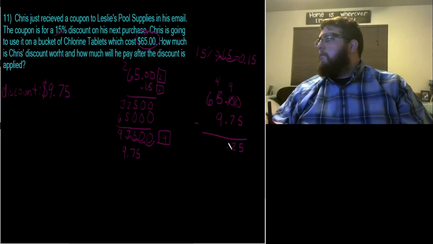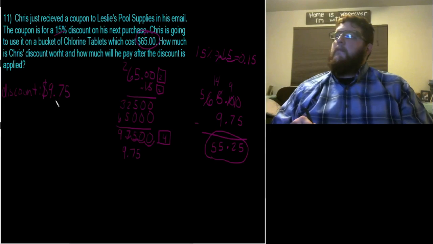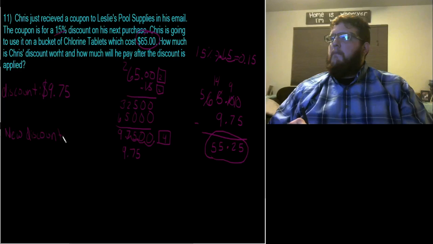Make sure we line up our decimals. My answer is 55.25. So for the chlorine tablets, my new price will be $55.25 for my new discounted price.